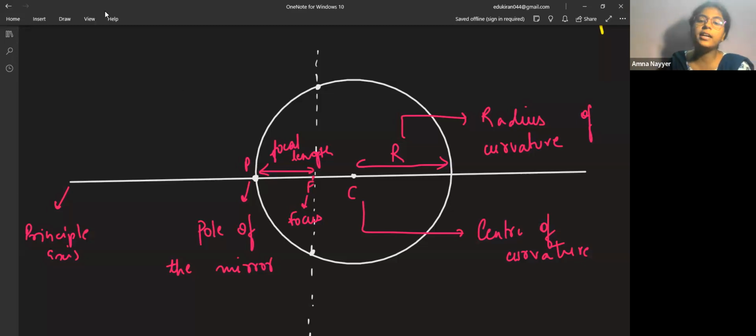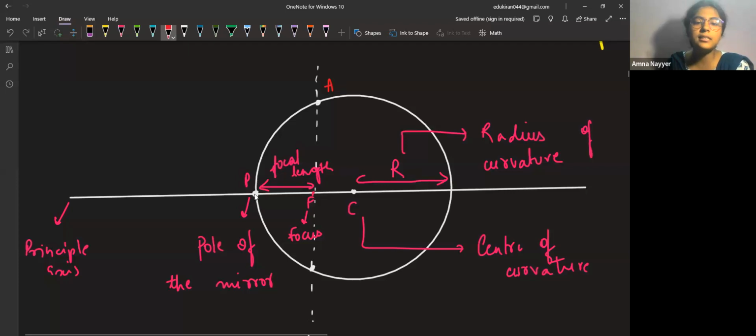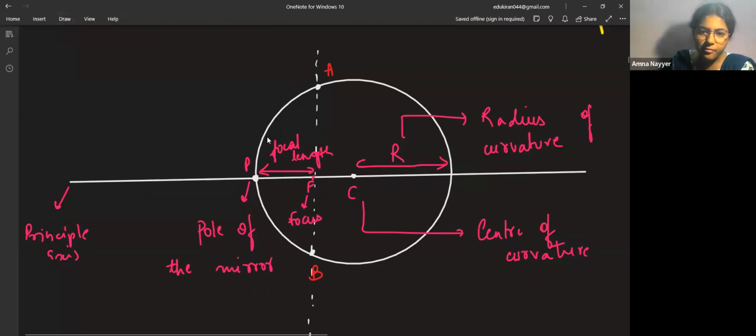Now let me name this: let's say this is A, the pole P is already there, and this is B. When we cut it, this will be APB.